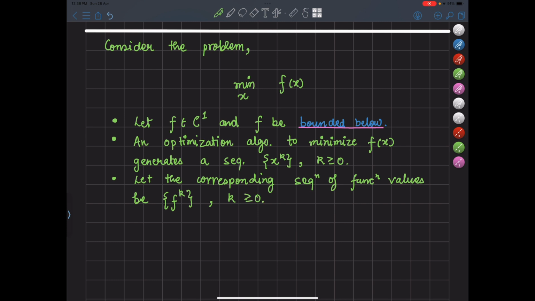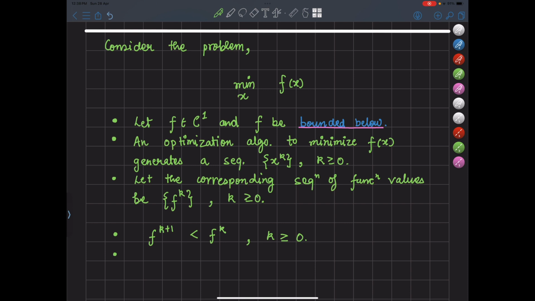All right. Now you'll notice one thing, that because we are choosing xk such that we move in the direction of descent, f(k+1) will always be lesser than fk. So it's not just bounded below, but it is a monotonically decreasing sequence of real numbers.